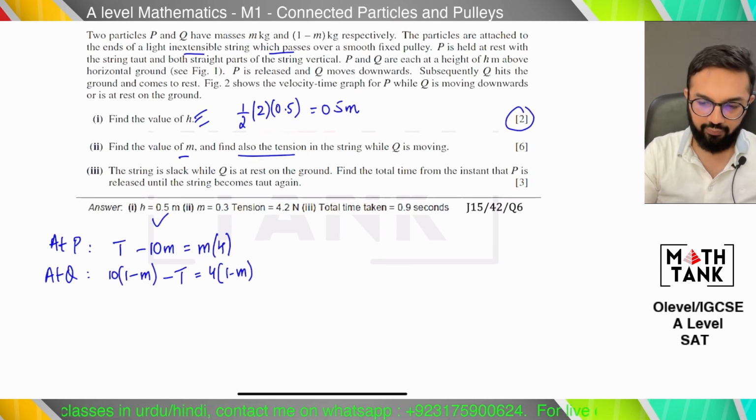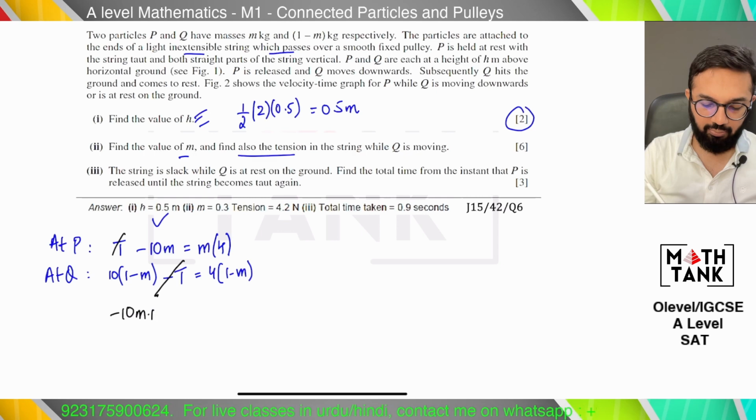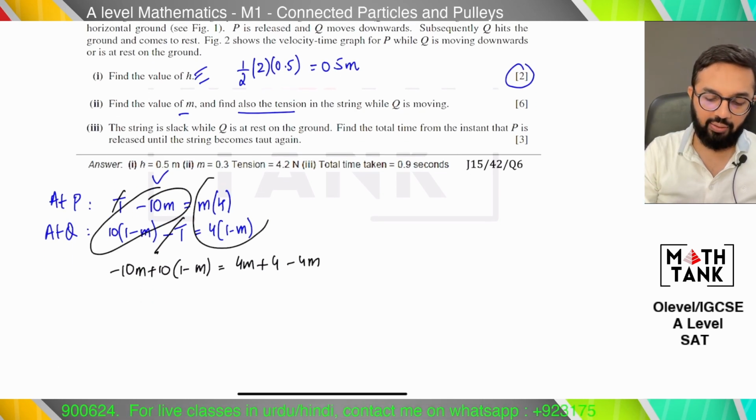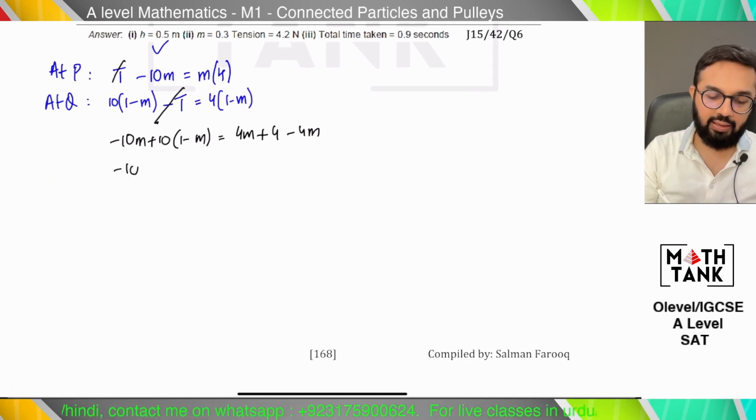So I have m as the unknown, T is cancelling out, so I have minus 10m plus 10 into 1 minus m equals 4m plus 4 minus 4m. I've added these two and I've added these two. So minus 10m plus 10 minus 10m equals 4.